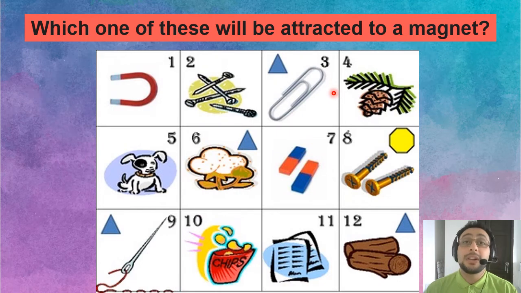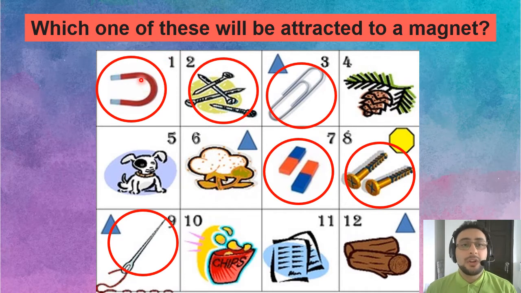Okay, now let's see which objects will be attracted to a magnet. Number one. Yes, because magnets attract magnets if they are the opposite side. Number two. Yes, these are made of metal. Number three. Paperclip. Yes, also attracted.